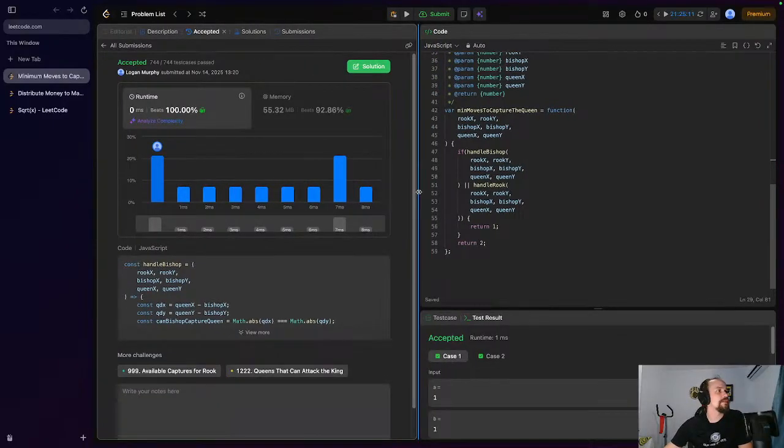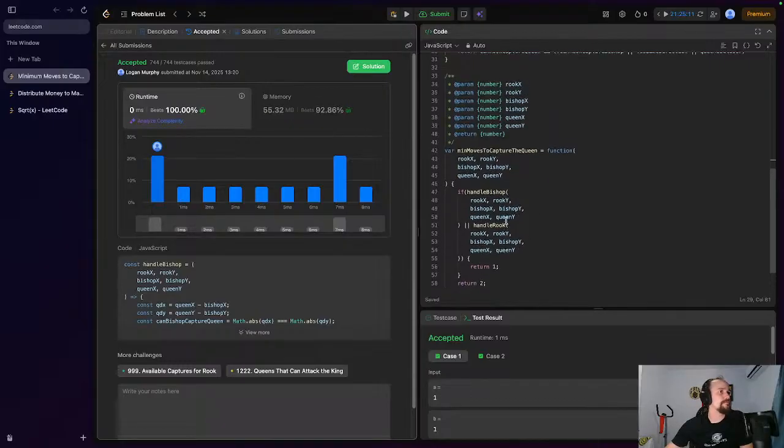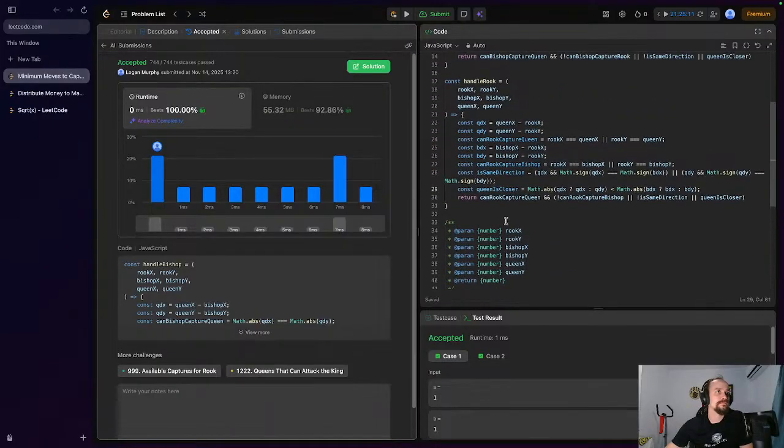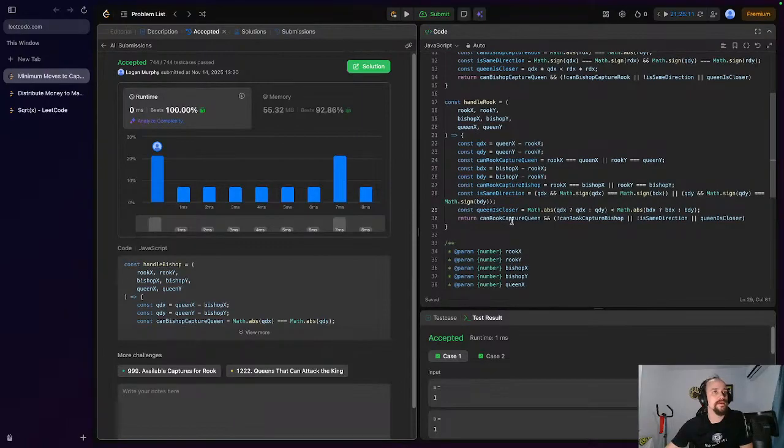100% better than everyone. Yeah, easy clap for sure. Even the memory is pretty good. I'm sure there's ways to optimize it. There's like quite a few micro optimizations.